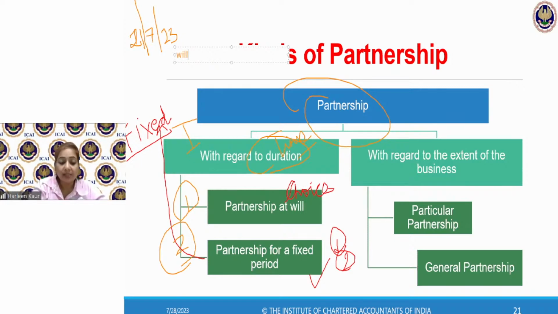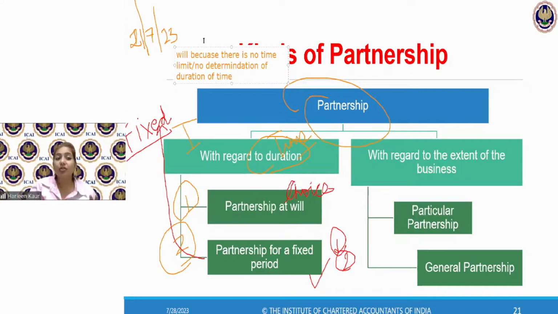Why? Because there is no time limit, no determination of duration of time. We have not decided for how long we are going to be partners.